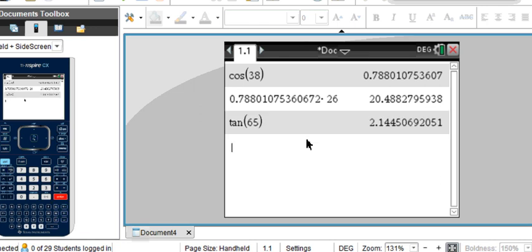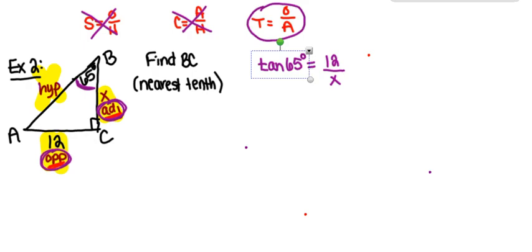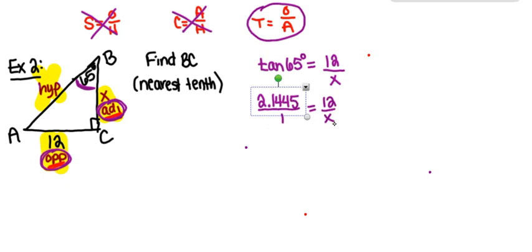Oh my gosh, this is so much fun. Again, I'm going to put only the first 4 decimals down on my paper. You can put the whole thing if you want, but then it becomes very long and cumbersome. So 2.1445 over 1 is equal to 12 over x.